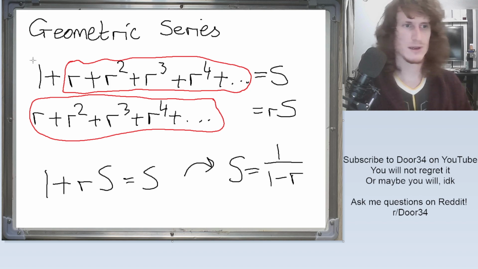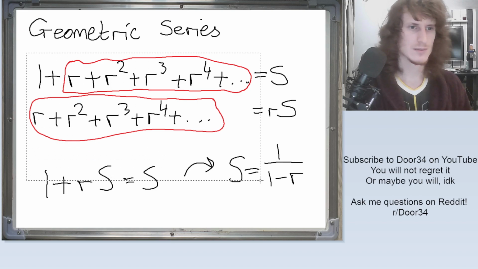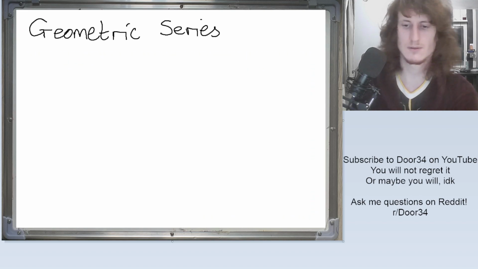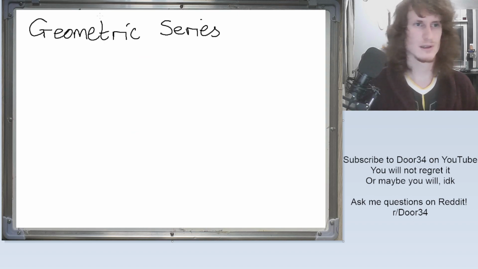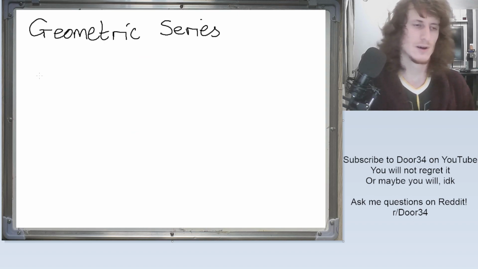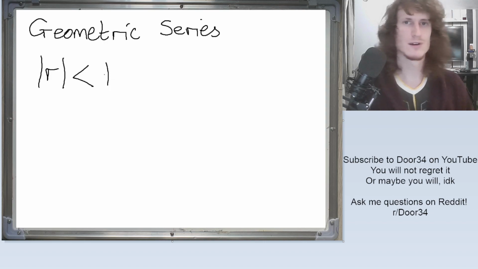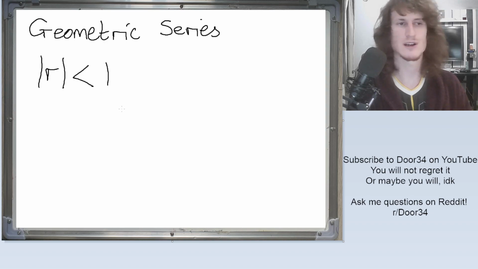Alright, so let's talk a little bit more about this, and let's do some examples. So the thing that we should really be cautious of is that the magnitude of r has to be less than 1. Notice how I said magnitude as well, so that includes negative numbers that are between -1 and 0.